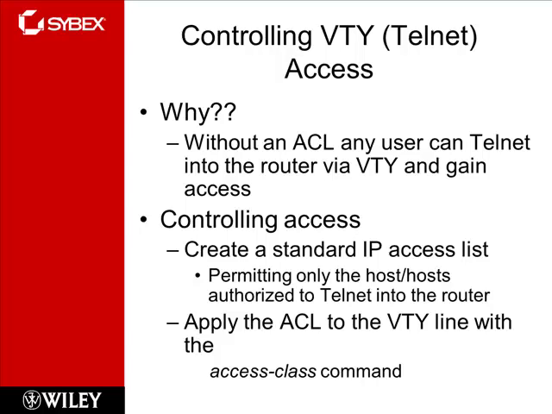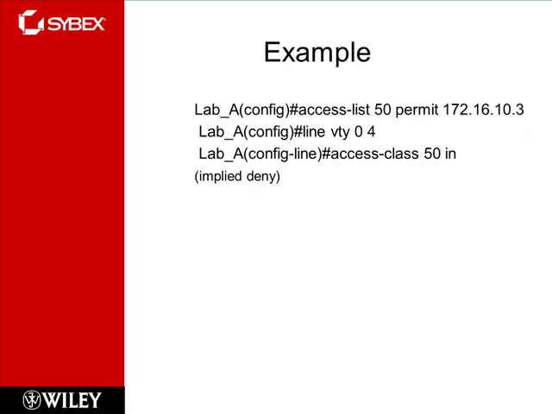When we apply it to a virtual terminal, to a VTY connection, it's access class. That's the only difference. Yes, there are different commands, and I've never read why they picked those particular statements, but that's what they are. It is what it is kind of deal, and we're not going to change it.